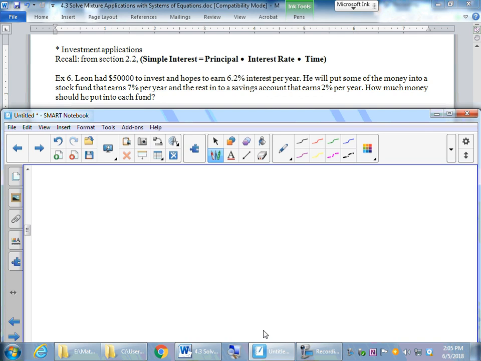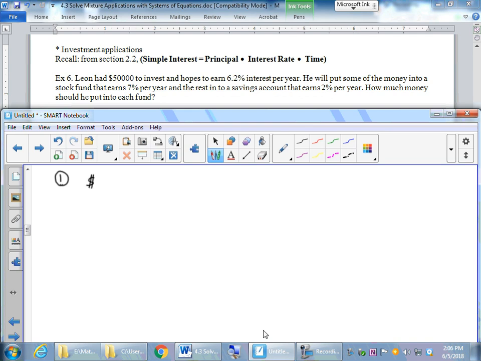So this wording is slightly difficult. Okay? And he put some of the money into a stock fund that earns 7%, and then some of it in a savings account, which is 2%. So how much money should he put in each fund? So first step, what we don't know is the amount of money, right?